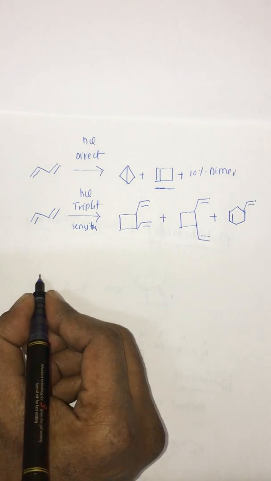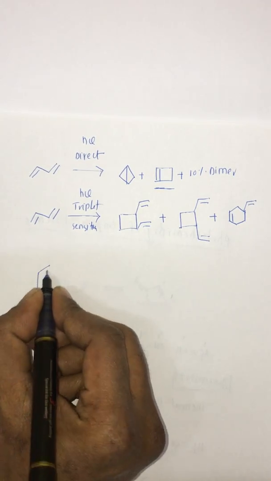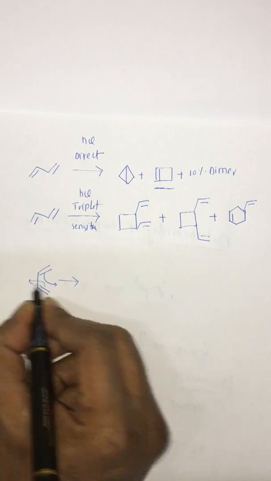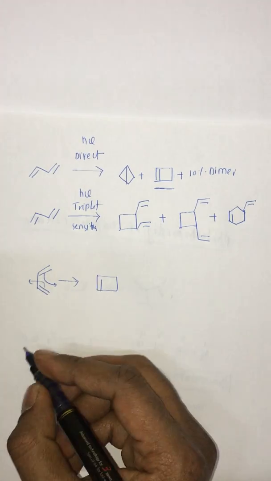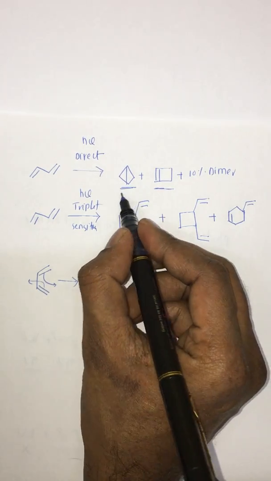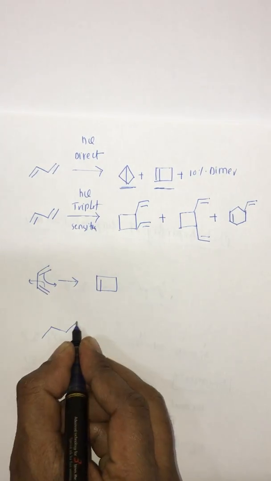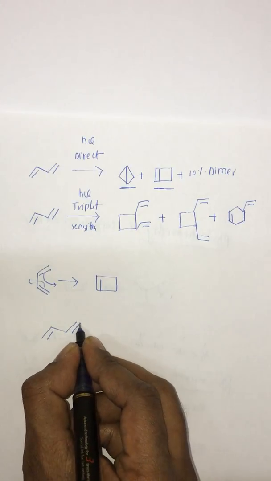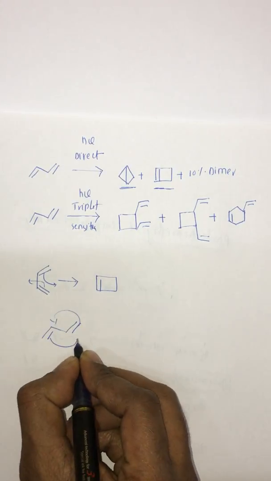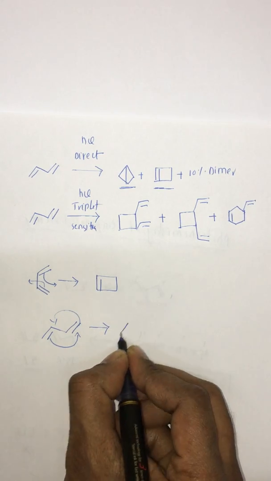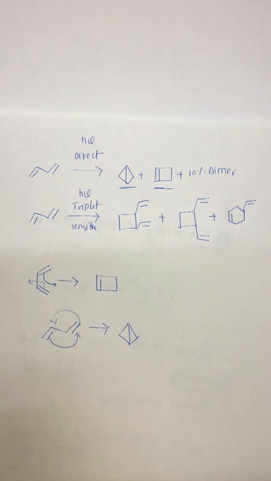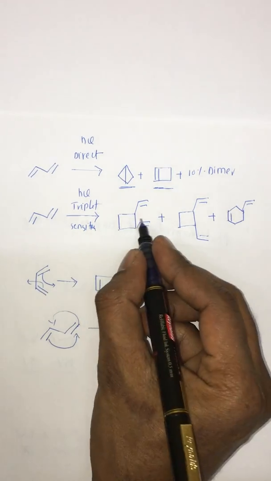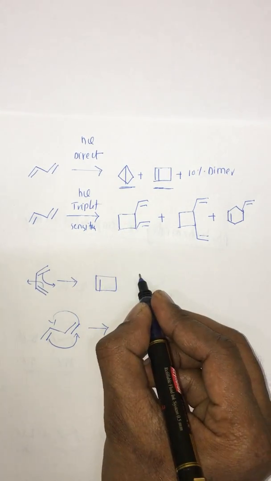This mechanism is very simple. When we have this kind of conformation, we'll get cyclobutane derivatives, whereas this one exclusively comes from the trans isomer. This goes here and this goes here, so that we will get this form. So we can see how this one comes.